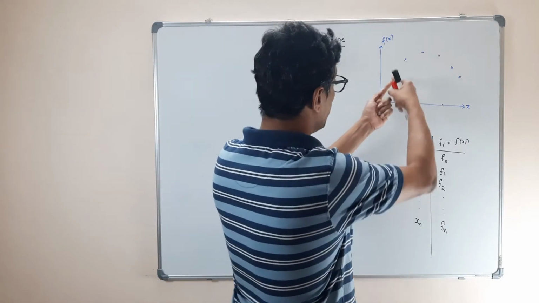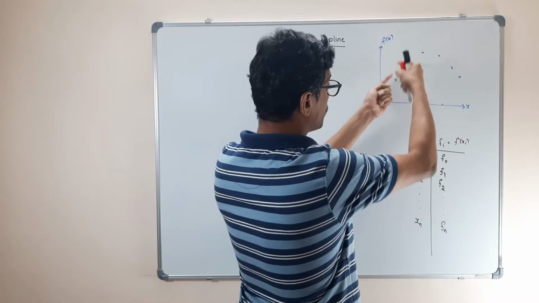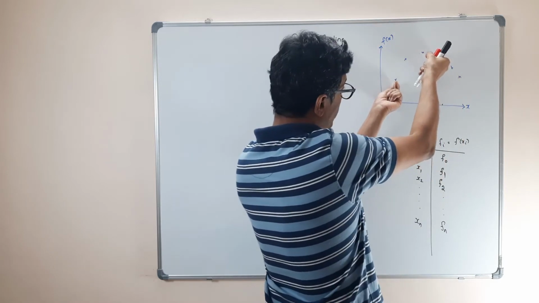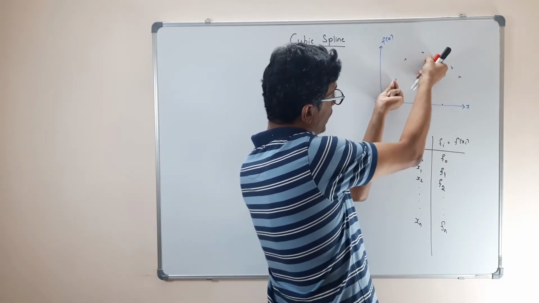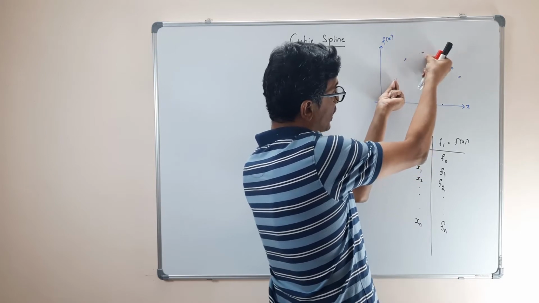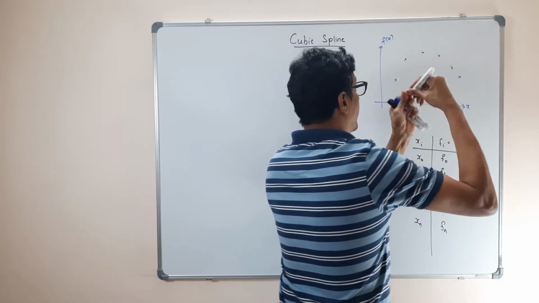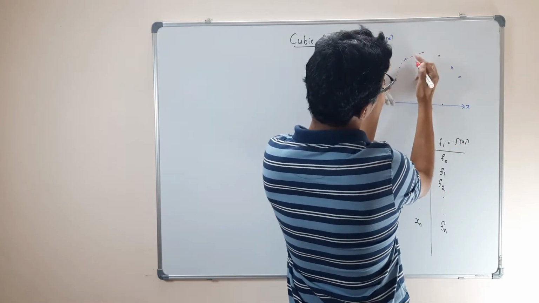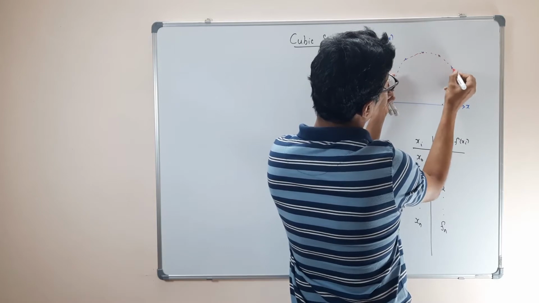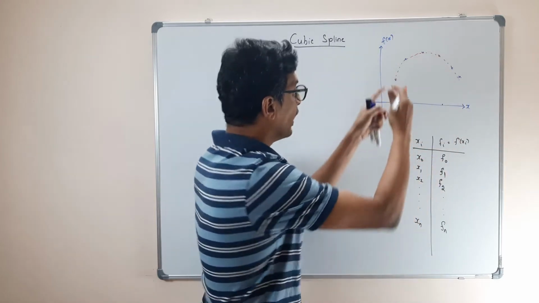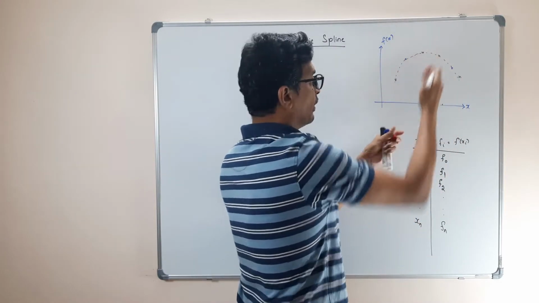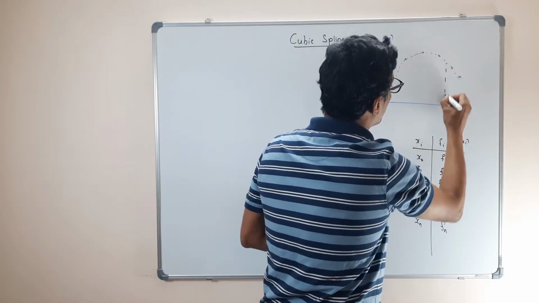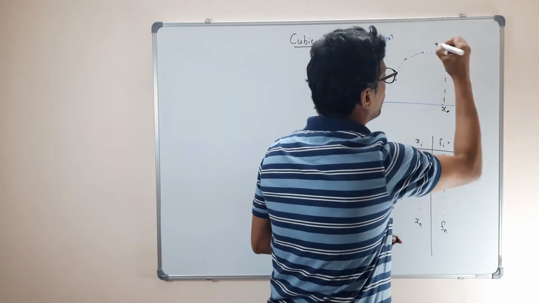Instead of constructing a polynomial which passes through all the points, I take a flexible strip, join it with a few points such that I bend the strip accordingly, and then I trace the curve over the points. Similarly I connect the next points, and I keep connecting, so that I connect all the data points. From this connected curve I try to find out the unknown value at x star.